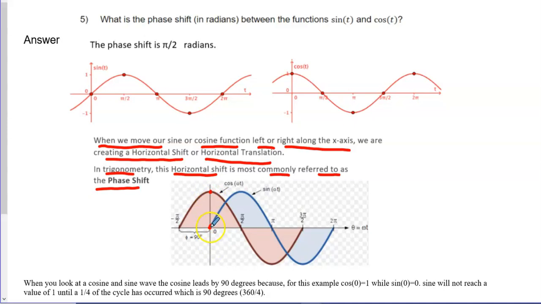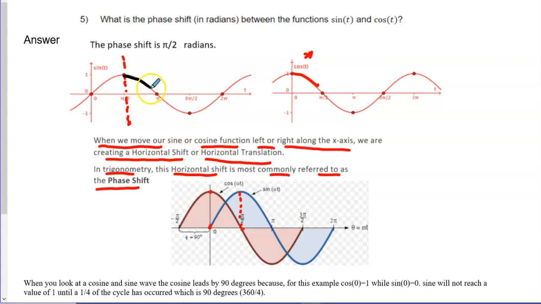And sine will not reach a value of 1 until 1/4 of the cycle has occurred, which is at pi on 2. And so if I decide to draw this cosine graph here, I would have to put it somewhere there. And then the cosine pattern will begin to show.